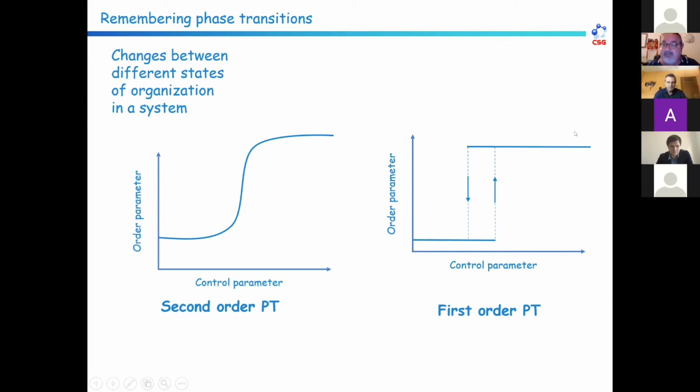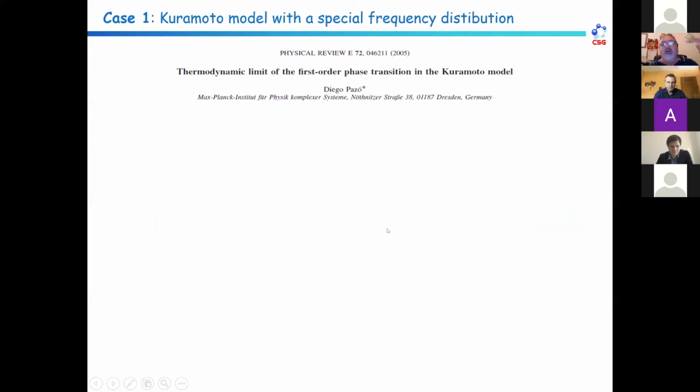That is, if you now prepare the system in state 2 and you gradually reduce the control parameter, you jump down to state 1, but you jump at a different value of the control parameter. So you define a region between these two, the forward transition and the backward transition, which is typically called hysteresis. I don't want to end up with the story now because I have no time.